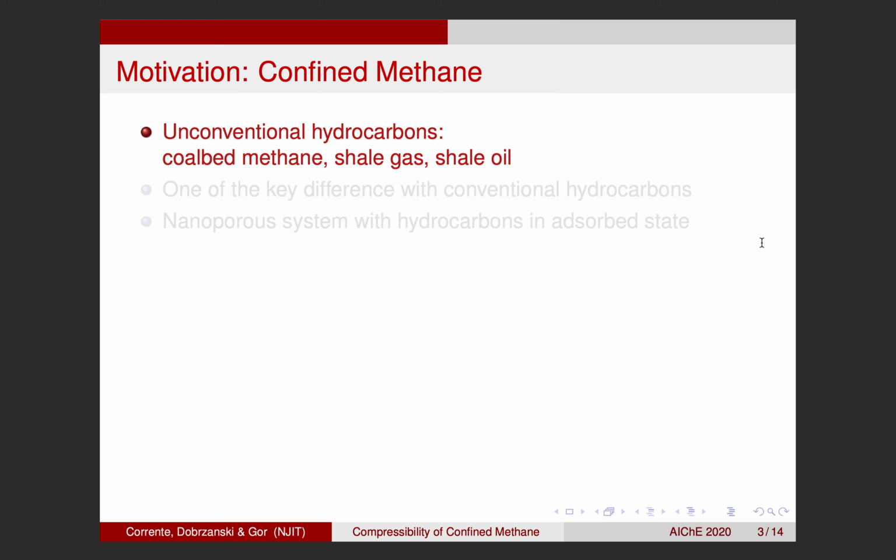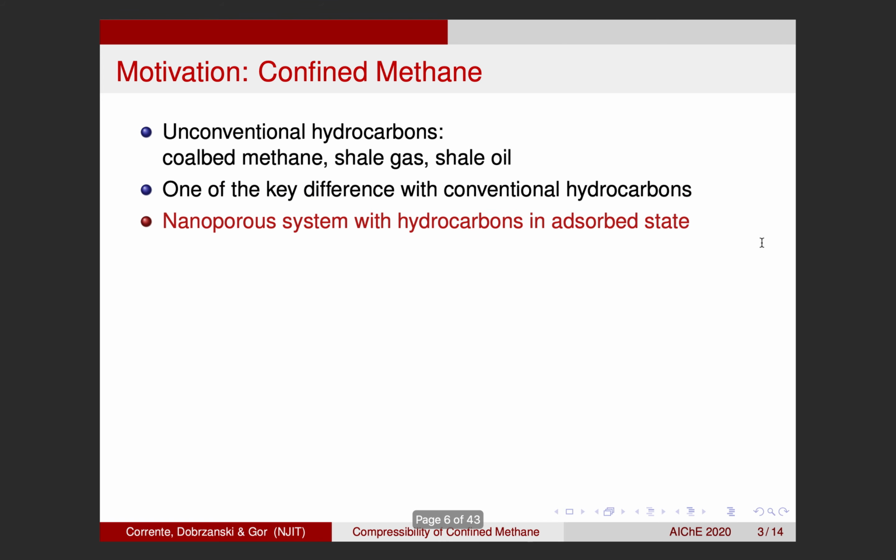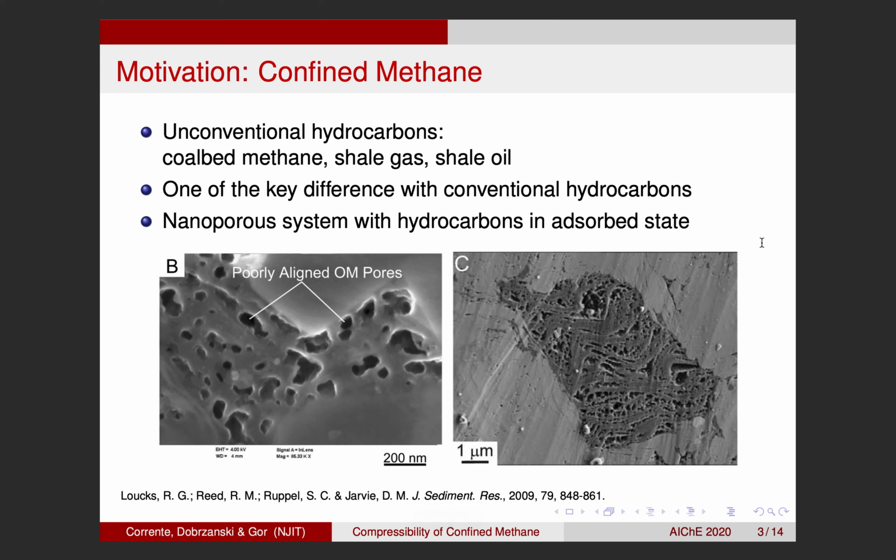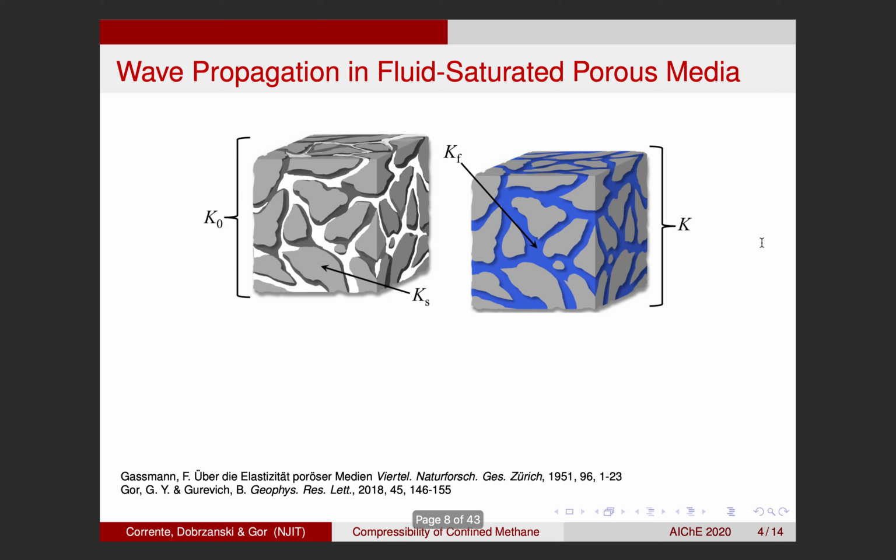Unconventional hydrocarbons include coalbed methane, shale gas, shale oil, and the difference with conventional hydrocarbons is that these systems are nanoporous, and so the hydrocarbons are confined to nanopores and typically present in the adsorbed state. To illustrate that, I'm showing a couple of SEM images of shales showing the porosity in the nanometer range. Well, that's the motivation for studying confined methane.